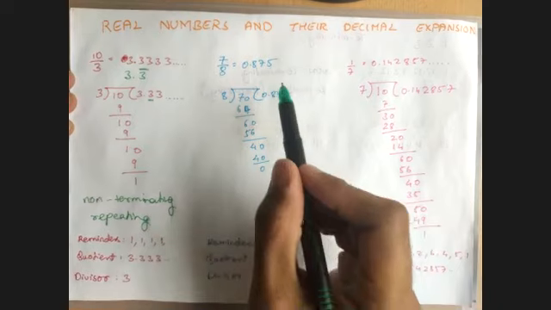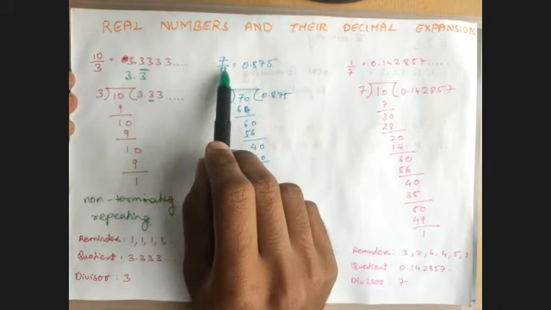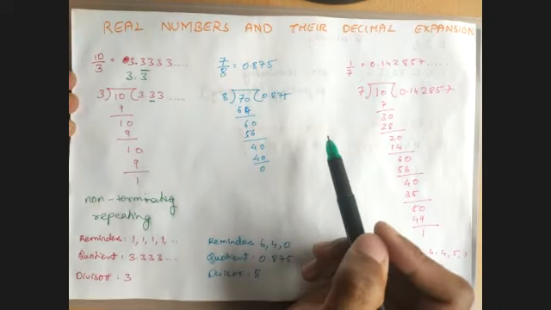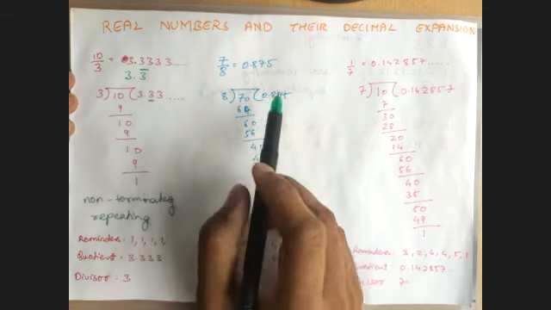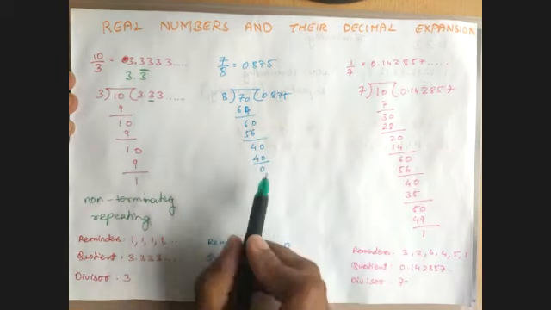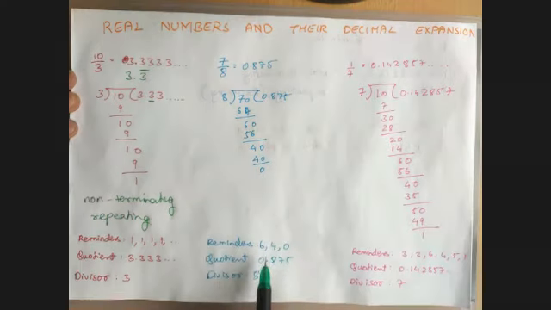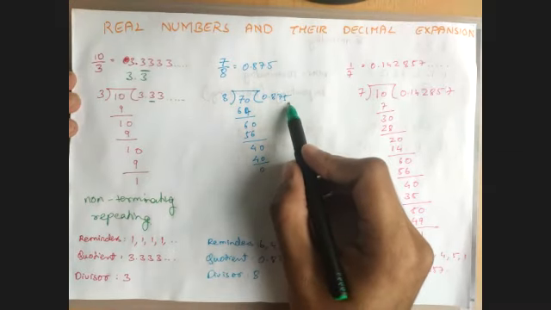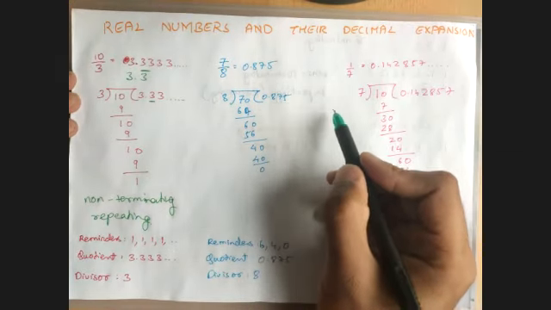Now let us look at another example. 7 divided by 8. When we divide this, what do we get? At last we get remainder 0. First we get 8, 7 and then 5. So when the remainder is 0, we get a finite quotient. That means it is terminating.